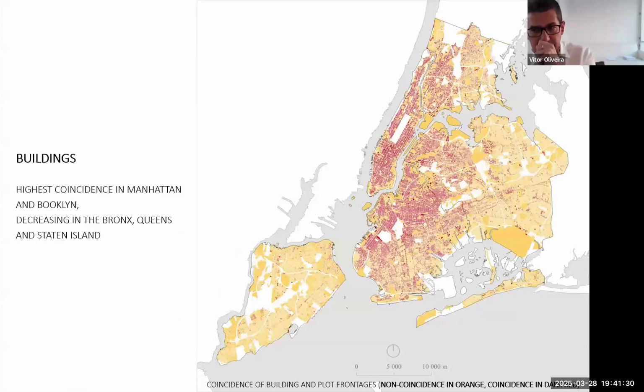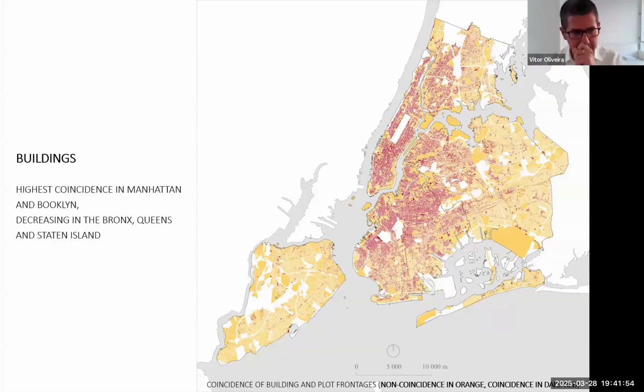And then we looked at buildings, and for us, one of the most important characteristics of a building is where it is positioned. Does it face the street? Does it want to contribute to the vitality of the street, or does it set back and want to achieve some degree of privacy?